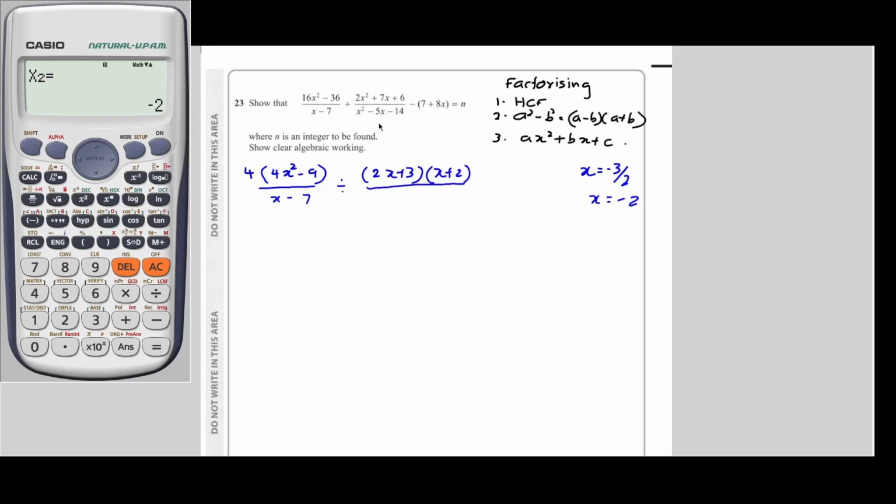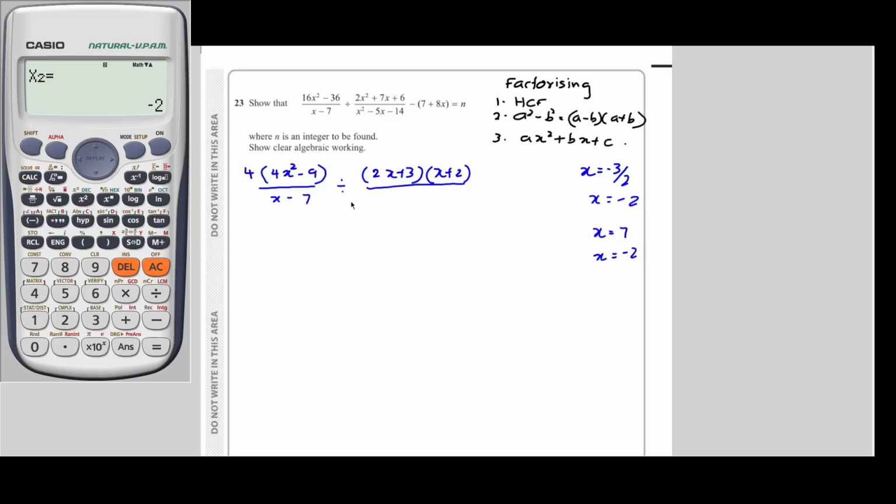Let's move on to this denominator. Mode 3 again. So A is 1, B equals minus 5, C equals minus 14, giving x equals 7, x equals minus 2. So for the second one, x equals 7, x equals minus 2.